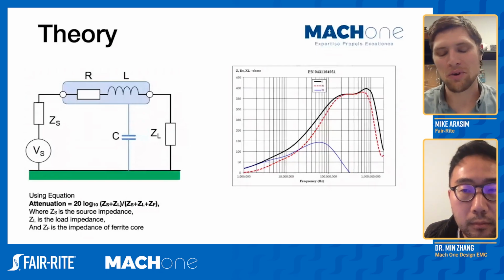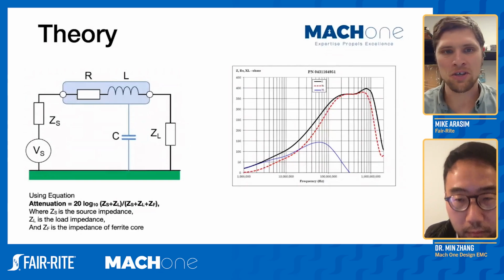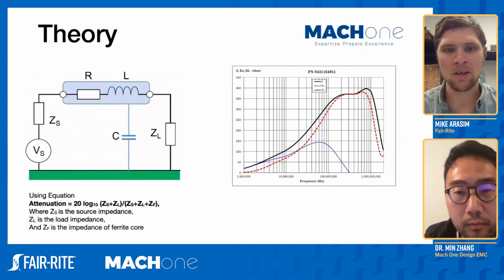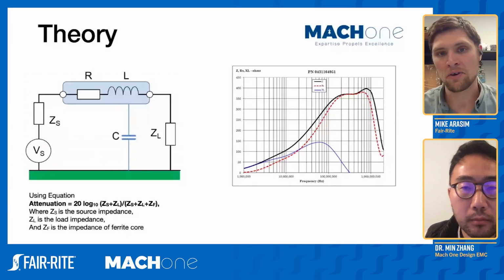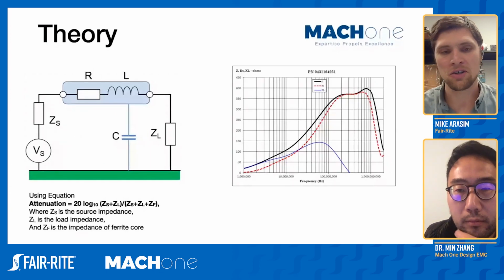So what we're looking at is an impedance curve, and for most materials, what you're typically looking for when selecting a ferrite is the frequency of the noise that you're trying to suppress. And the ideal thing is a ferrite core that is going to be resistive at those frequencies.